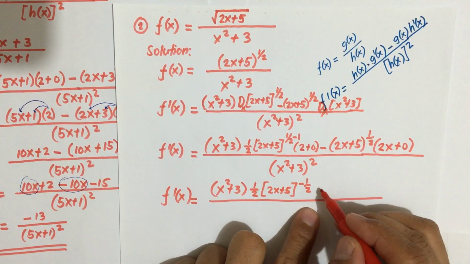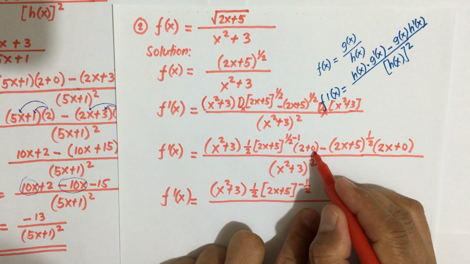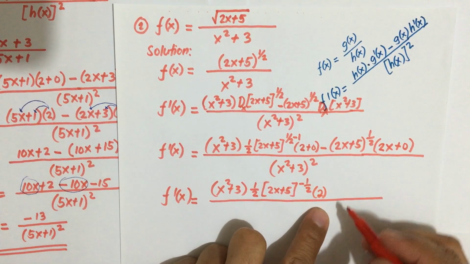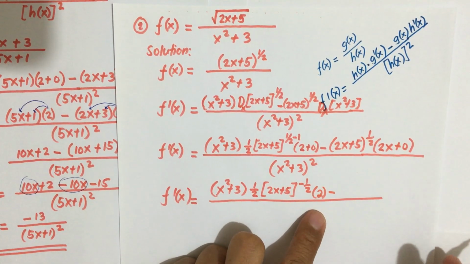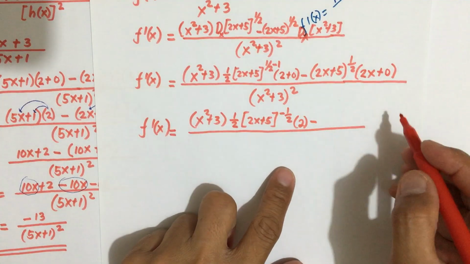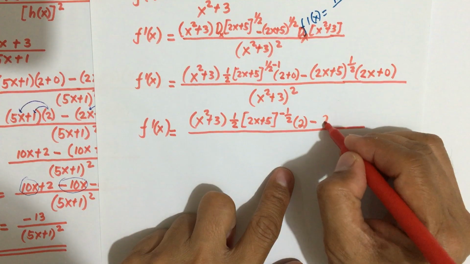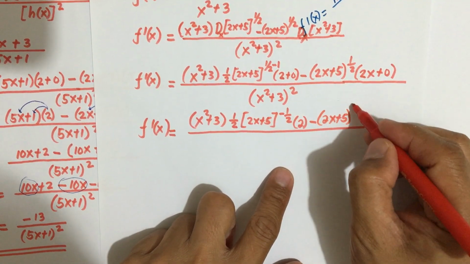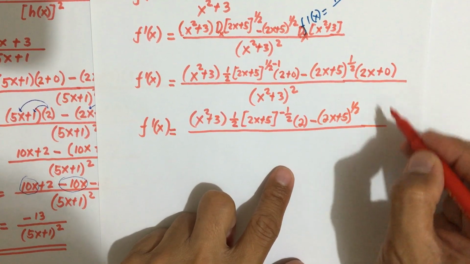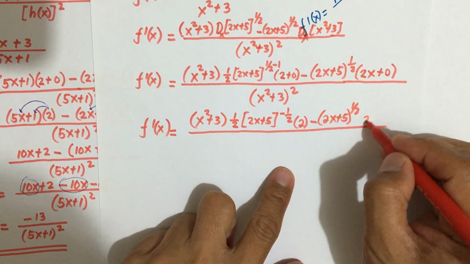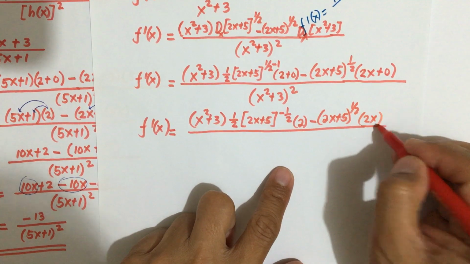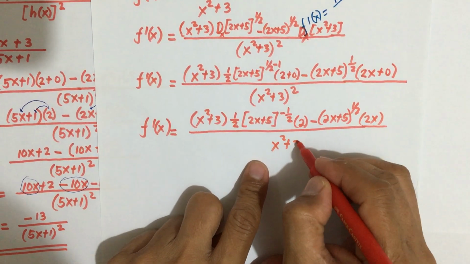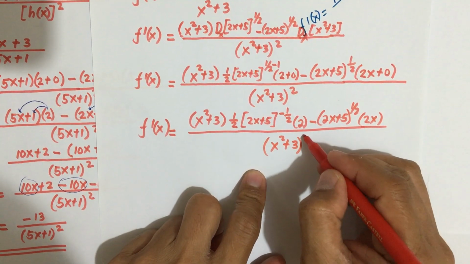And times 2. 2 plus 0 is 2. So you have times 2. Then minus 2x plus 5 raised to the power 1/2. Then 2x plus 0 is 2x, so multiplied by 2x. Then divided by x squared plus 3 raised to a power 2.